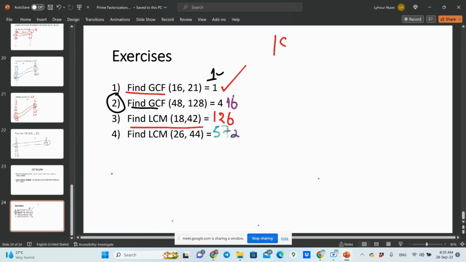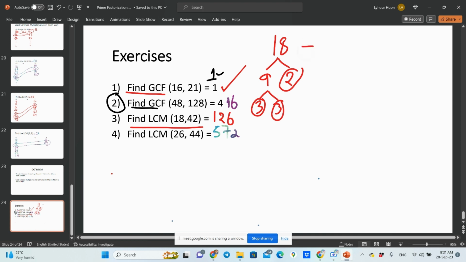LCM of 18, which consists of... 18 is actually 9 times 2. While 2 is prime, 9 isn't. 9 is 3 times 3. Now we have the prime numbers.